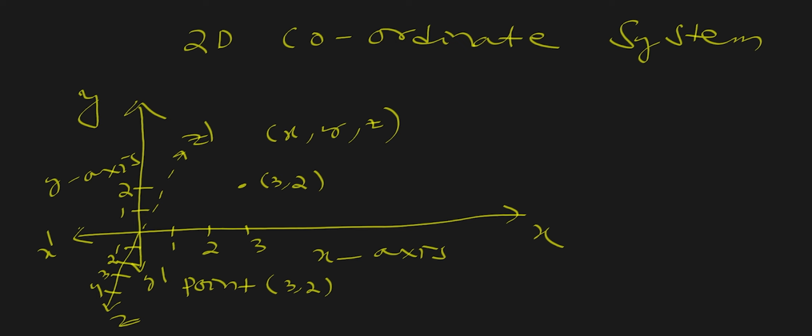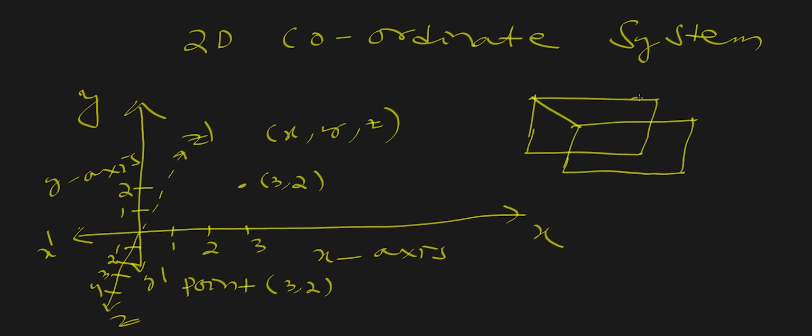Imagine a room where you have width, which is the x-axis, height, which is the y-axis, and depth, which is the z-axis.